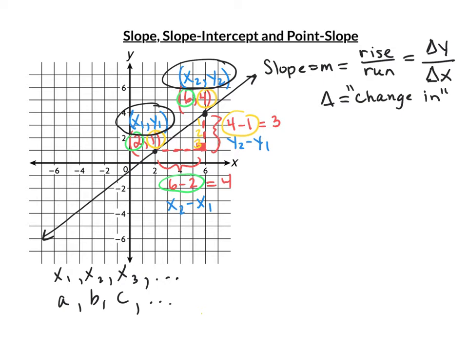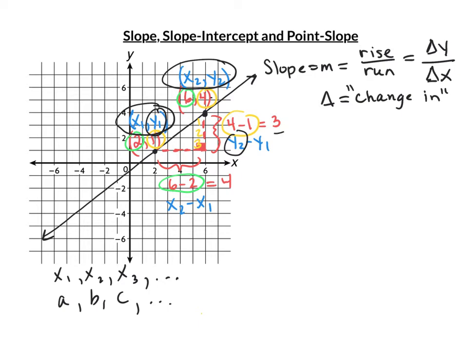So we've got these general points up here, an x and a y, and instead of a 4, I can use the y2, and instead of a 1, I can use the y1. So 4 minus 1 was just y2 minus y1. In other words, I subtract the y's to get the 3.